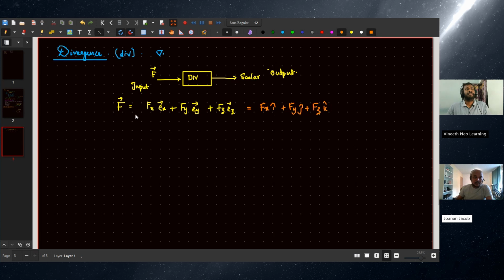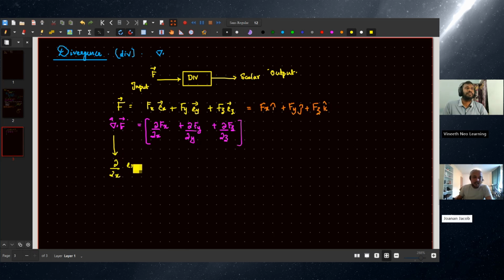So divergence can be written as del dot F: the partial derivative of the x component of F with respect to x, plus the partial derivative of the y component with respect to y, plus the partial derivative of the z component with respect to z.